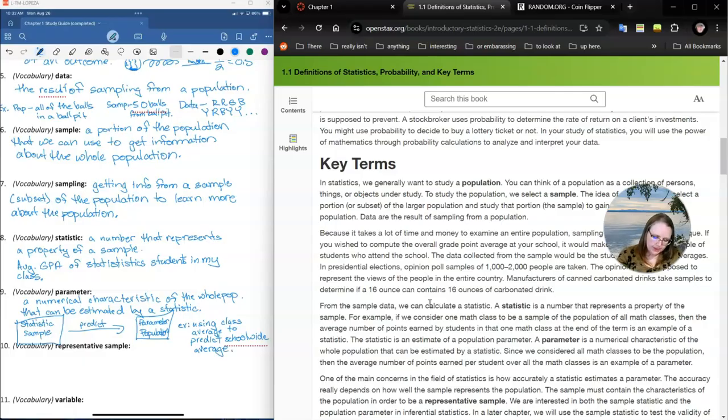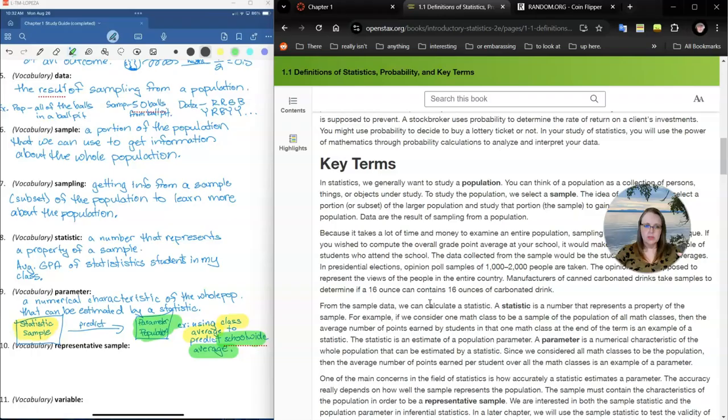Sample statistic, class average; population parameter, school-wide average, so that I can see that that's what those things are. So statistics refer to some property of a sample, parameters refer to the property of the population that could be predicted from that property of the sample.